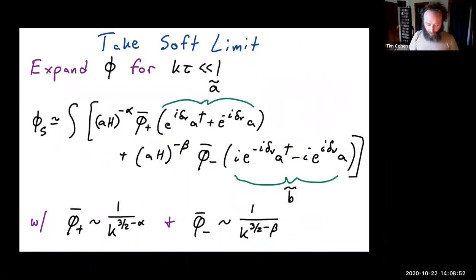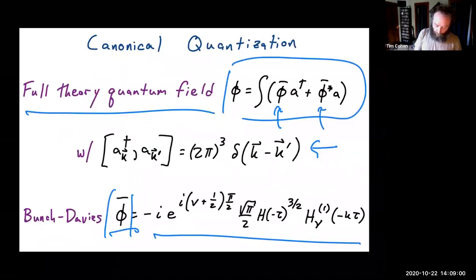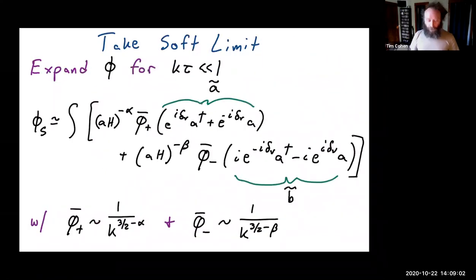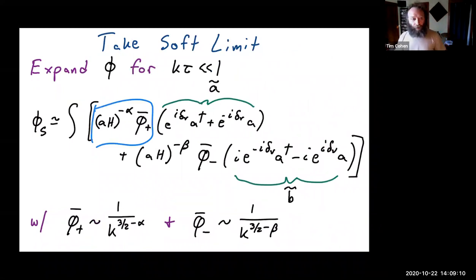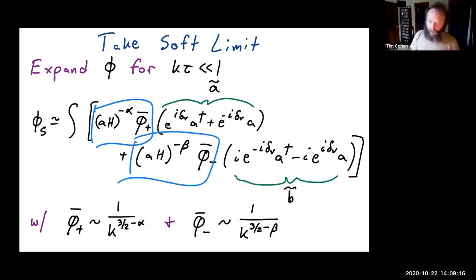Now we can take the soft limit of these objects, just Taylor expand. And what we find is that the modes we identified before appear. We have something proportional to aH to the minus alpha, something proportional to aH to the minus beta.